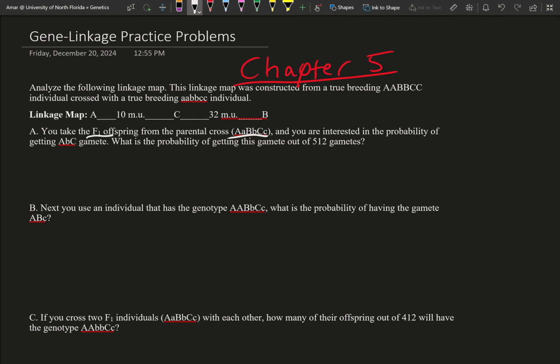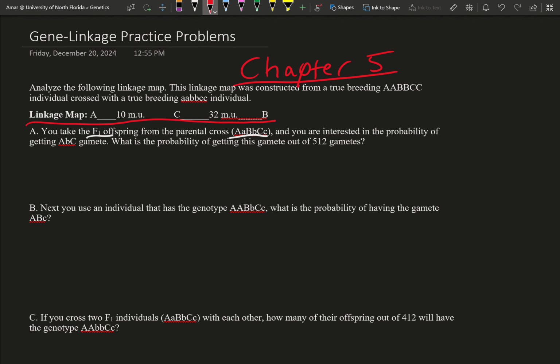And one thing you should also remember is that because we have a linkage map given to us in map units, I recommend writing down the recombination frequencies and the parental frequencies beforehand.